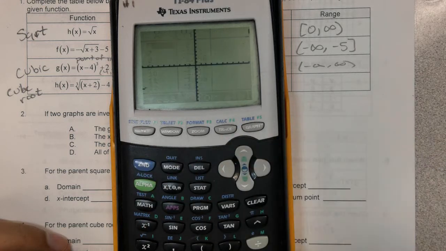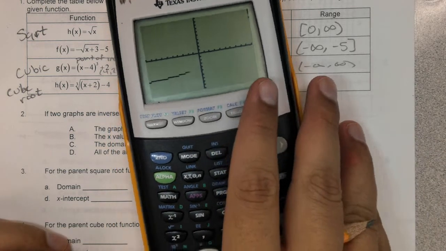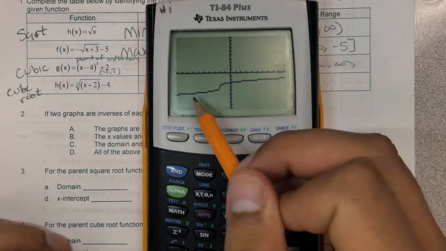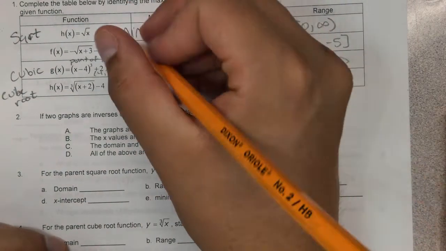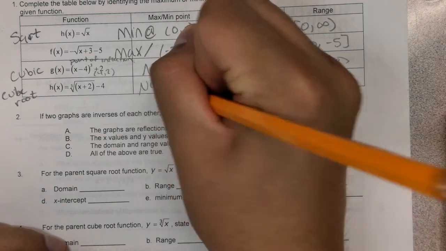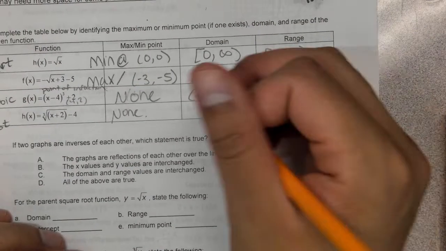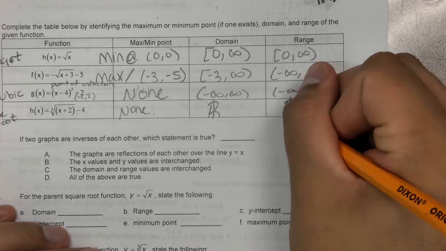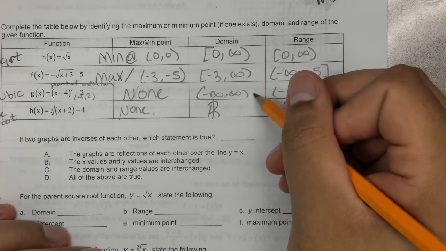Why am I going to the table? We'll just go to the graph. Same thing as cubic: there's no maximum or minimum point, but there is a point of inflection. Domain and range, same thing, all real numbers, or -infinity to infinity.